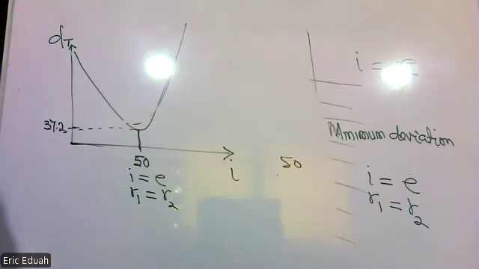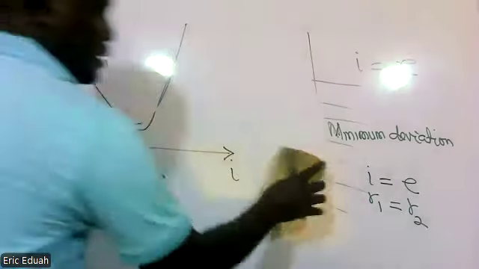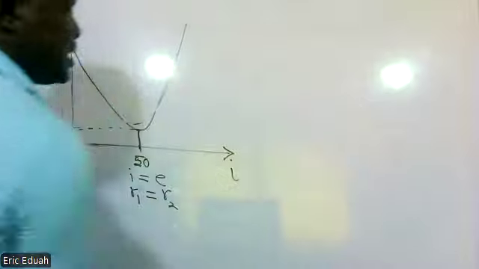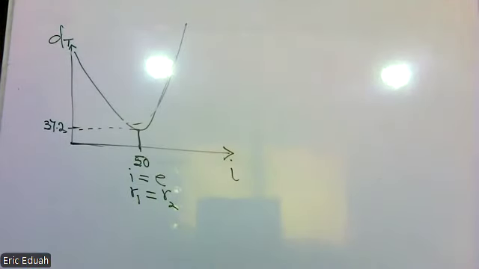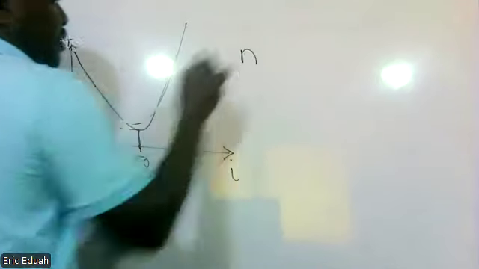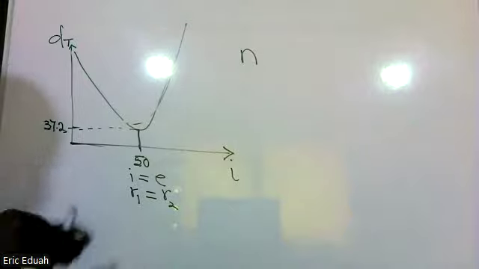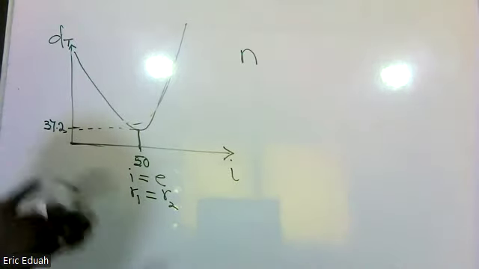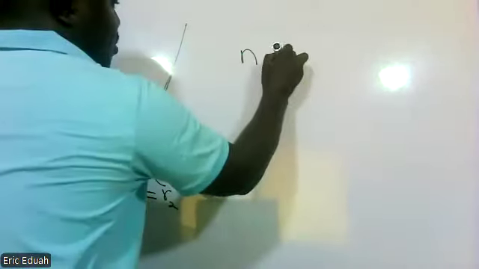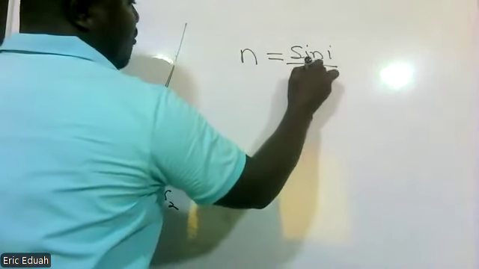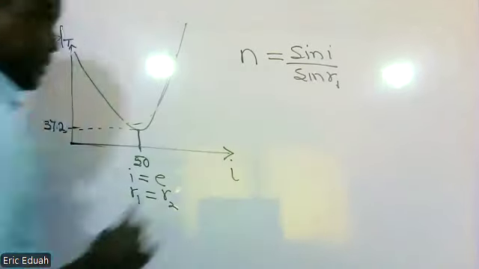Now, if this is what happened, we can use conditions at minimum deviation to find the refractive index of the glass prism. Refractive index of the glass prism without minimum deviation, we got that to be sine of I on sine of R1.